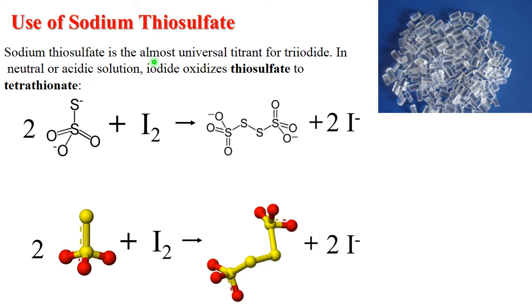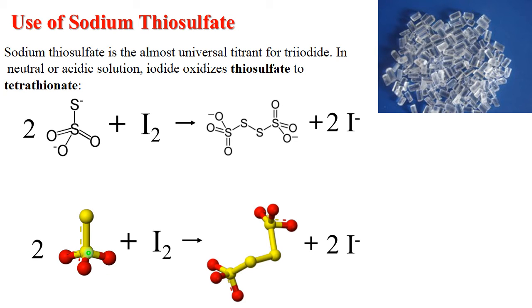Now, when we want to titrate iodine, there is one very specific, fantastically convenient reaction. It's titration with sodium thiosulfate. Sodium thiosulfate forms very beautiful, colorless crystals, easy to recrystallize, widely used in industry for different purposes. What's sodium thiosulfate? It's sulfate with one sulfur instead of one of the oxygens, so it's a longer bond here, and you have sulfur.